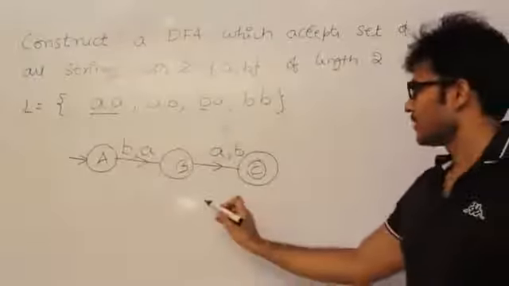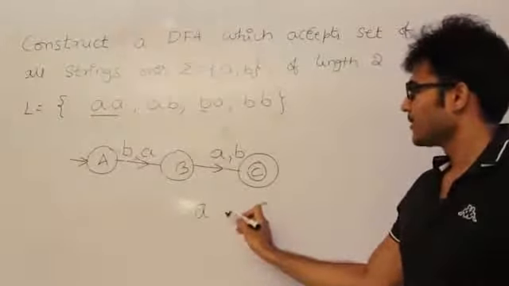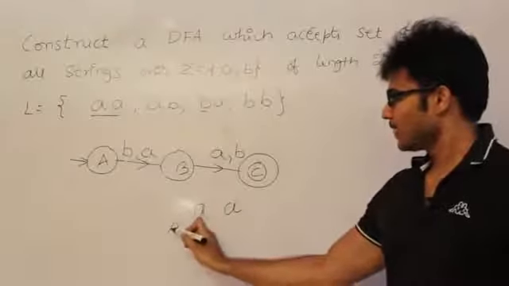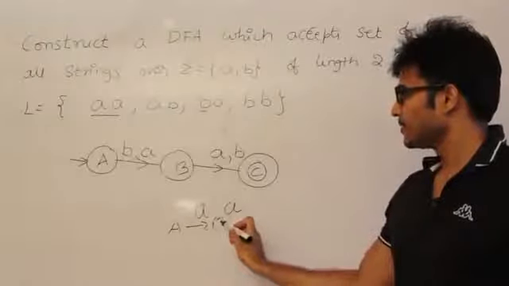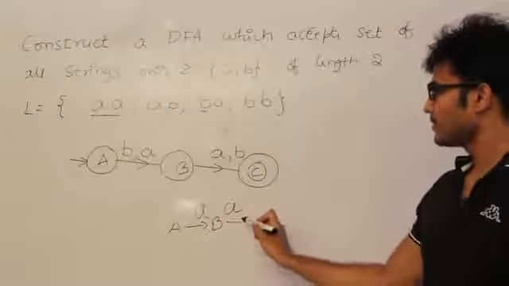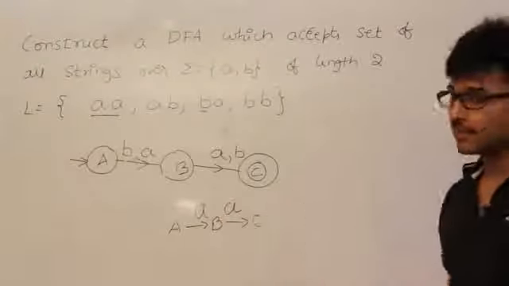Let's take any example. Let us say AA. If you are in capital A, on seeing small a, you will be reaching capital B, and if you are in capital B, on seeing small a, you will be reaching capital C, isn't it?